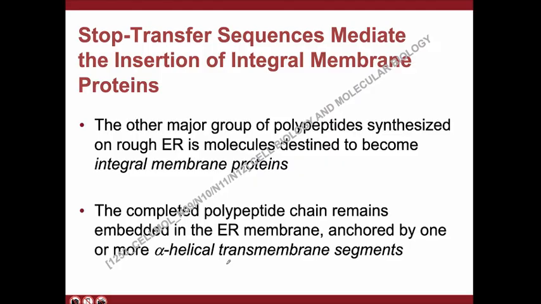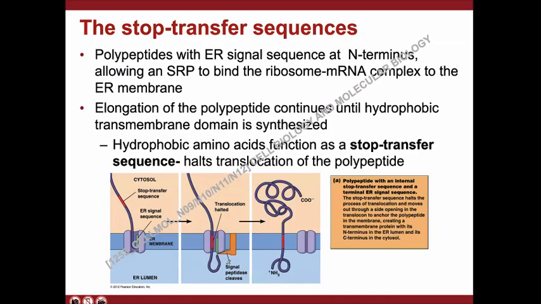So how are these integral membrane proteins anchored? The first mechanism will involve polypeptides with your ER signal sequence at the N-terminus, which allows the SRP to bind the ribosome mRNA complex to the ER membrane.